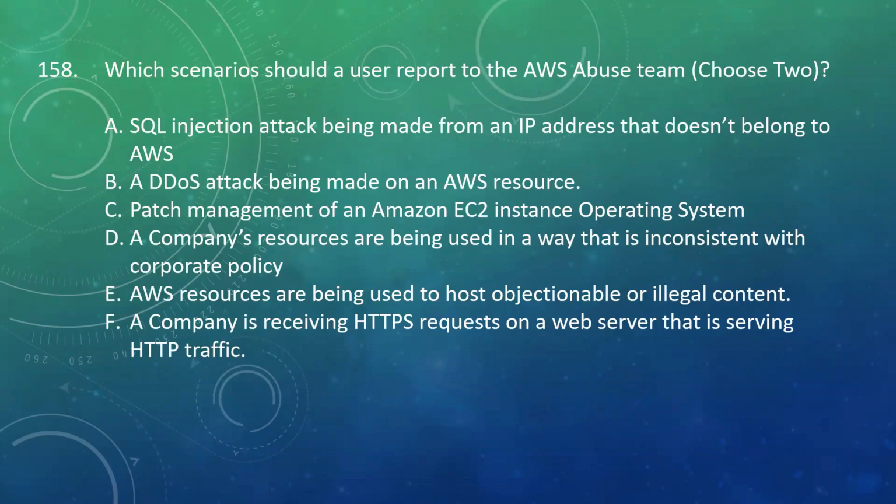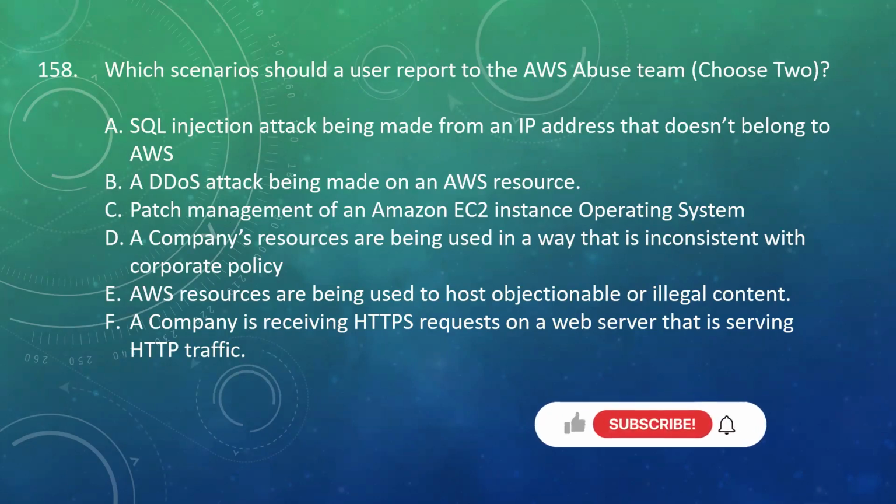Your options are SQL injection attack being made from an IP address that doesn't belong to AWS, a DDoS attack being made on an AWS resource, patch management of an Amazon EC2 instance operating system, a company's resources are being used in a way that is inconsistent with the corporate policy, AWS resources are being used to host objectionable or illegal content, a company is receiving HTTPS requests on a web server that is serving HTTP traffic.